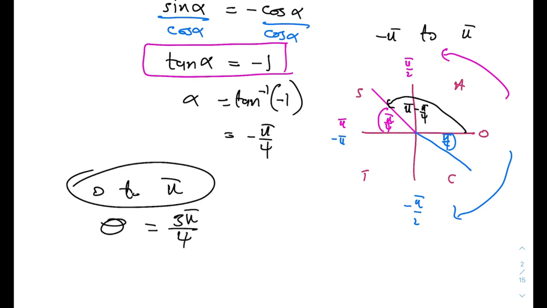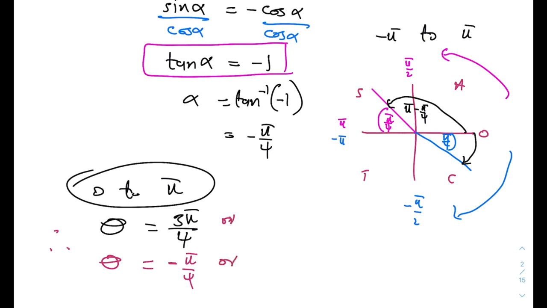And then the next angle that you want is to go this way round, going the other way from 0 to negative pi, and that hits it right at this point, and the angle that we form is just pi on 4, okay? But this angle is below the 0 line, so that angle is negative. So we have our negative pi on 4, okay? And then you are good to go.